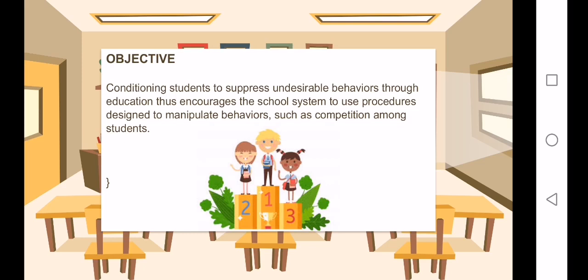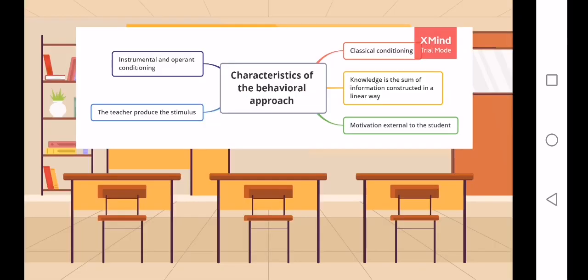Here we have the image of first, second, and third place, and the students are happy because the teacher created this environment about competition, a good competition that manipulated the behavior of the students in a good way, obviously.